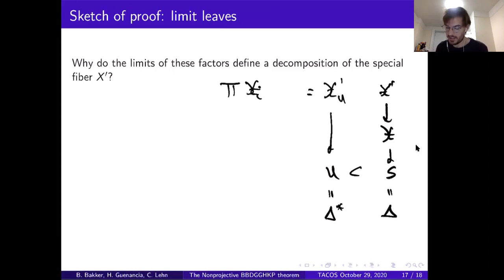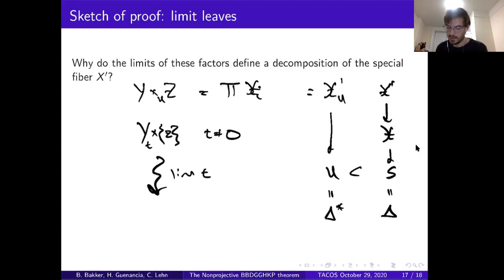And so now, for simplicity, let's just assume that there's two factors in this decomposition, a Y and a Z, where these are families over U. And so now we would like to say, okay, well, take the cycles that look like fibers, something that looks like this, for t not equal to 0, and take the limit as t goes to 0.